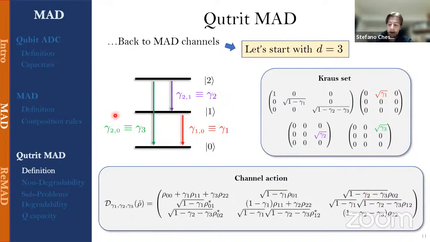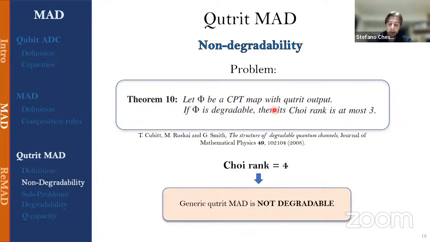Okay, then going to the meat of the quantum capacity analysis. The issue with already the Q3 multi-level amplitude damping channels is that they can be proved to be in general not degradable, in the sense that thanks to this nice result from Cubitt, Ruskai, and Smith, what they showed was that given a Q3 to Q3 channel like ours, a channel phi, if phi is degradable, then its Choi rank is at most 3.